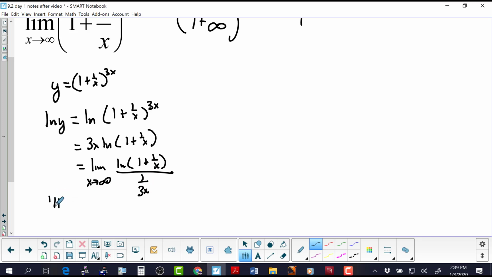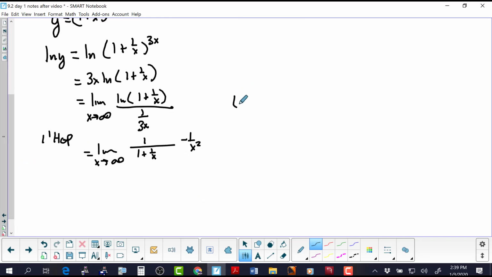Now we can do L'Hopital's. So this is equal to the limit as x approaches infinity of 1 over 1 plus 1 over x, times the derivative of the inside, which is negative 1 over x squared. And then let's see what we got, 3x to the negative 1, so negative 3x to the negative 2.